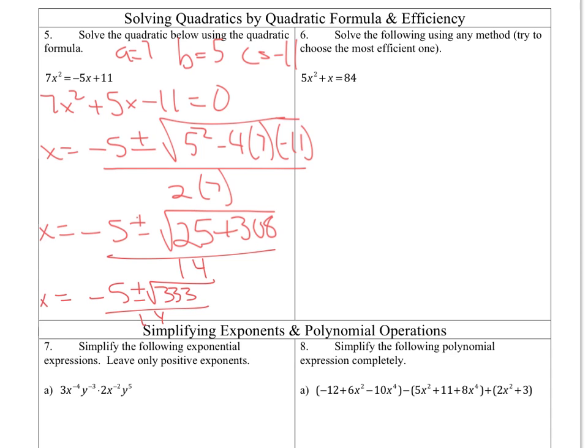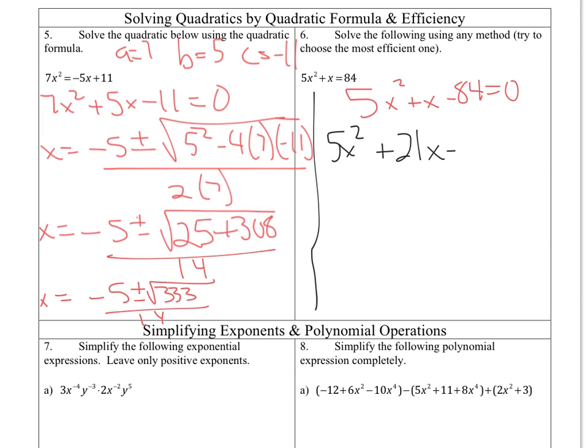Next one, try to be efficient. 5x squared plus x minus 84. Solving by square roots is off the table because it has a middle term. Factoring: 5 times 84 is 420. I can factor that, because 5x squared plus 21x minus 20x minus 84.